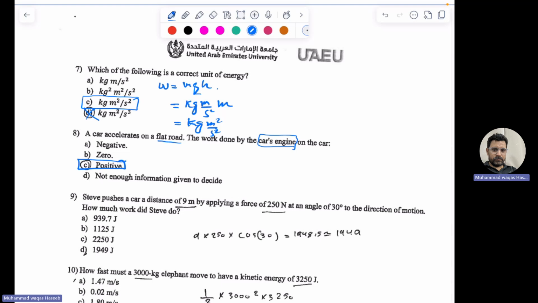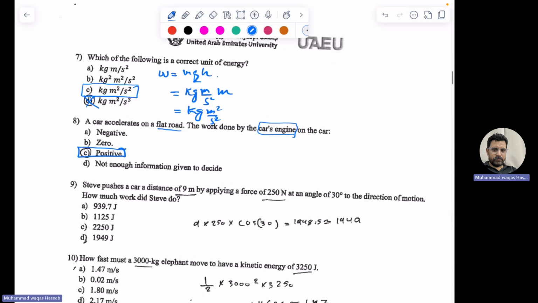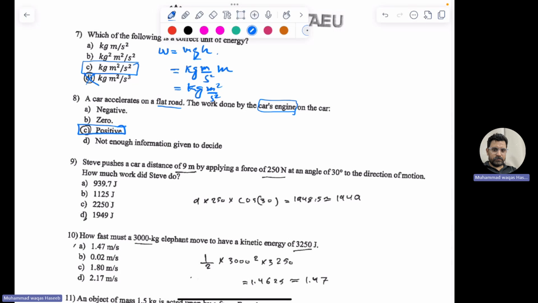Next question is, Steve pushes a car a distance d by applying a force at an angle theta to the direction of the motion. It means in the direction of the motion. So how much work did Steve do? Work is nothing but F dot d, which is F d cosine theta.